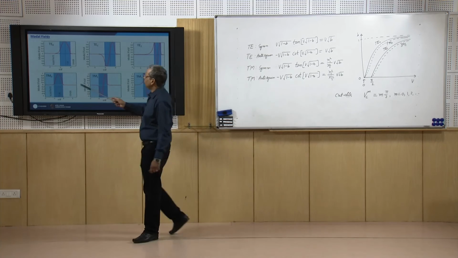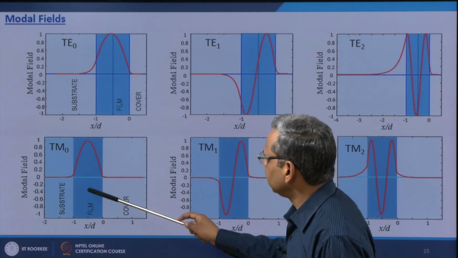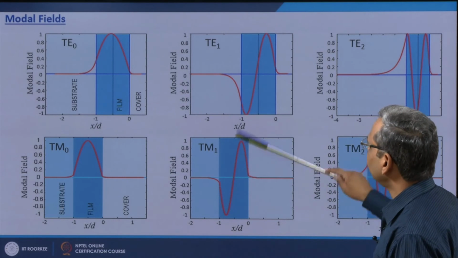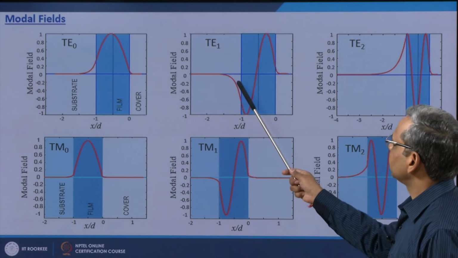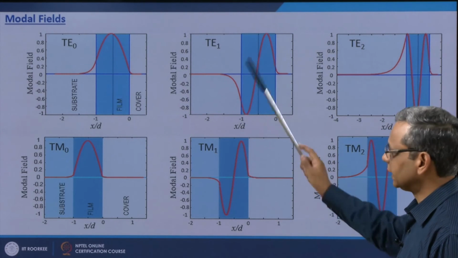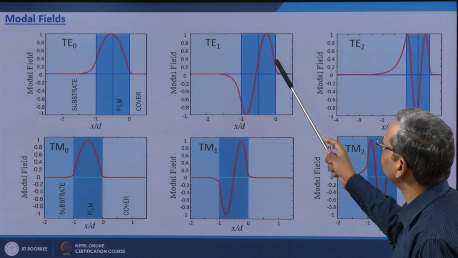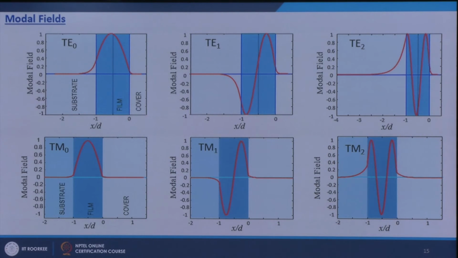This is how the modal fields would look like. This is for TE0 mode, this is TM0 mode, this is TE1, TM1, TE2, TM2. We can notice that in the substrate the field extends more because the index contrast with the film is less, while in the cover the field very quickly decreases, goes down to 0 because the index contrast is high.